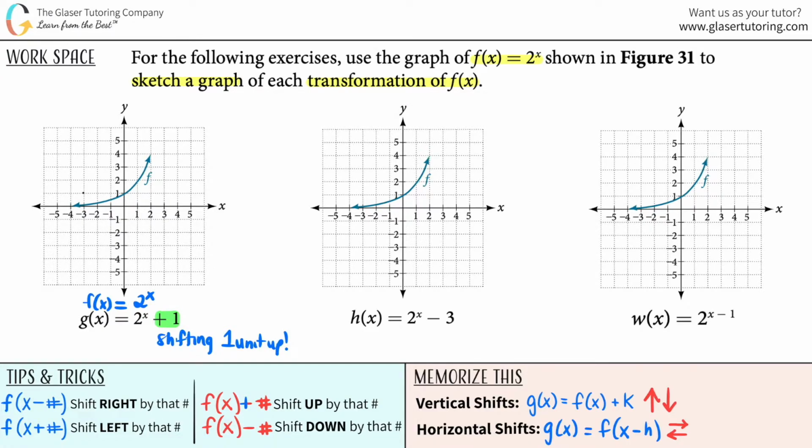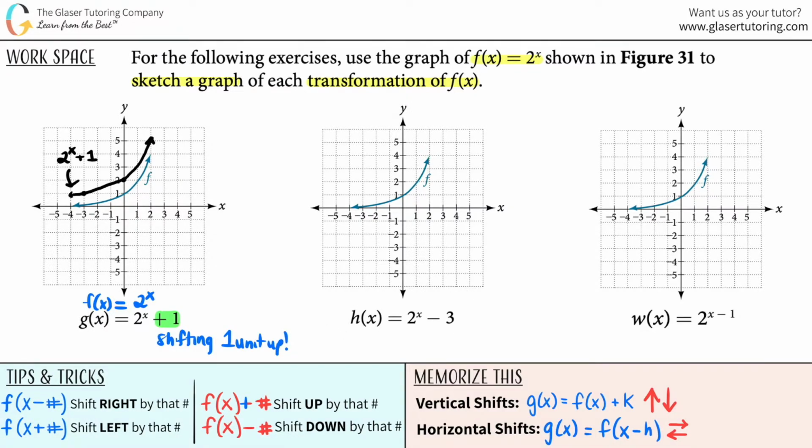So maybe I'll start over here for this one. This one looks like I'll start off 1 over here, and then maybe we'll go up here. But it's basically the same graph, just shifted up 1 unit, and that's it. This would be 2 to the x plus 1. Not bad. Let's try the next one.